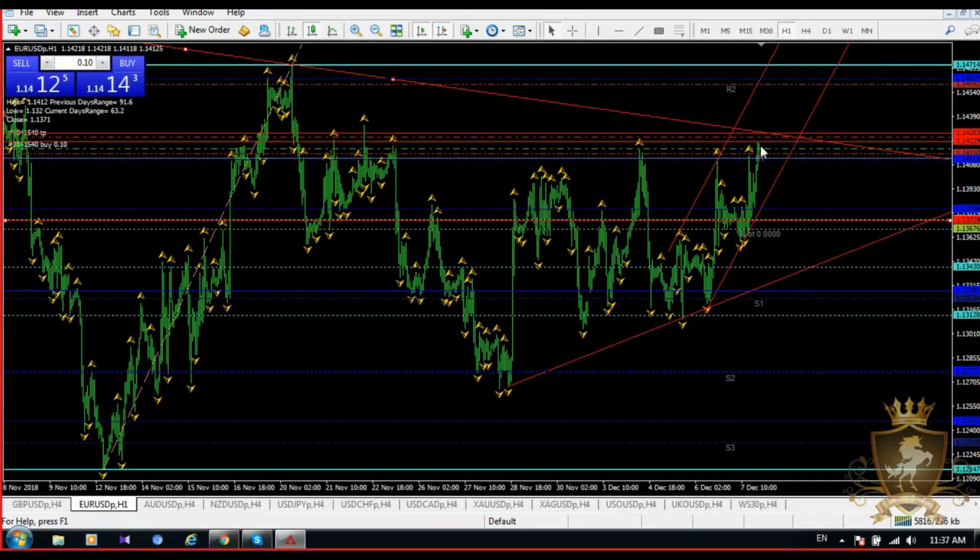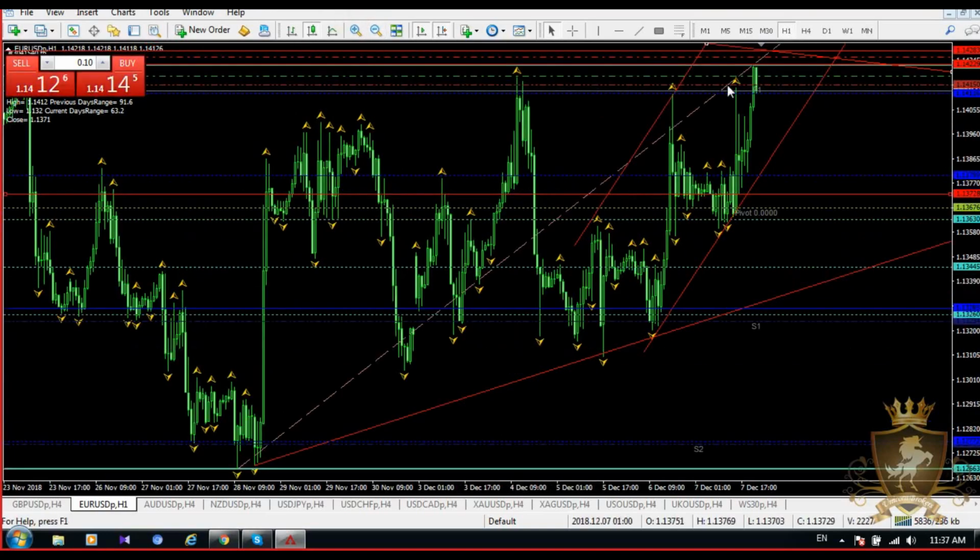So the possibility of the breakage of our trend line is more than 50%. So there's nothing to worry about. It gets down, then it goes back up, and it will touch your buy stop.